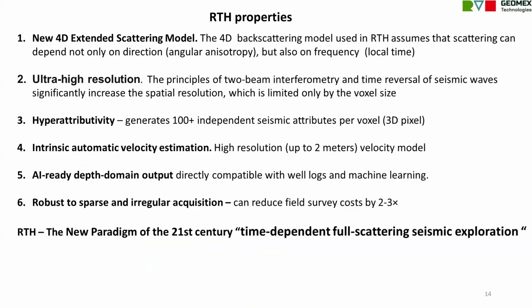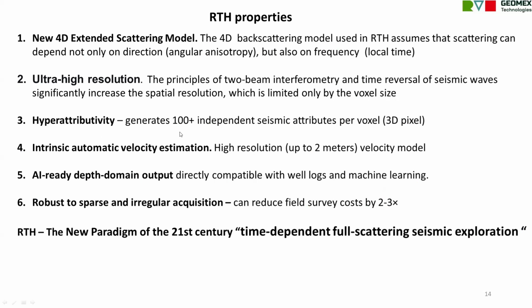Second, ultra-high resolution. The principle of two-beam interferometry and time reversal of seismic waves significantly increases the spatial resolution, which is limited only by voxel size. For example, with a 2 meter voxel size, its resolution will be 2 meter.